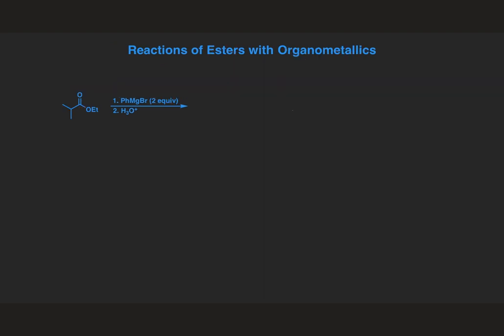Grignard reagents and other organometallic reagents react a little bit differently with esters and acid chlorides than they do with ketones. And so in this one, we again are using phenylmagnesium bromide, which I'm going to draw out here.